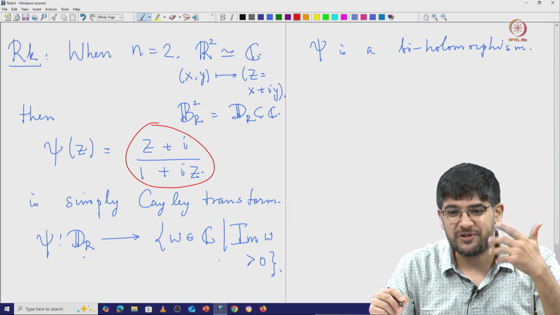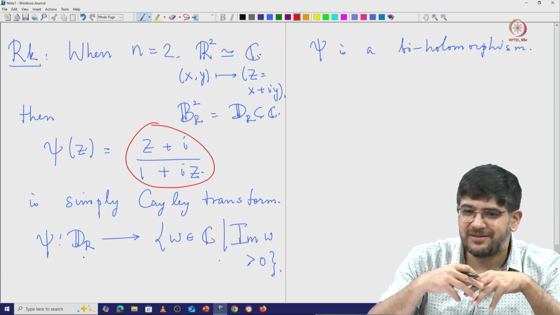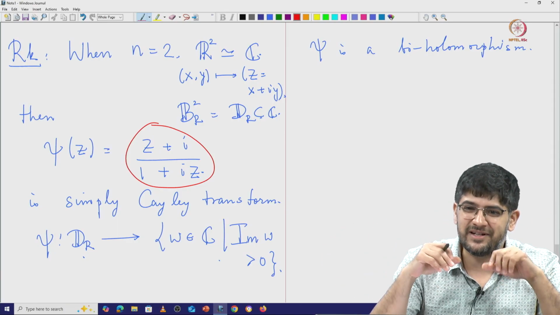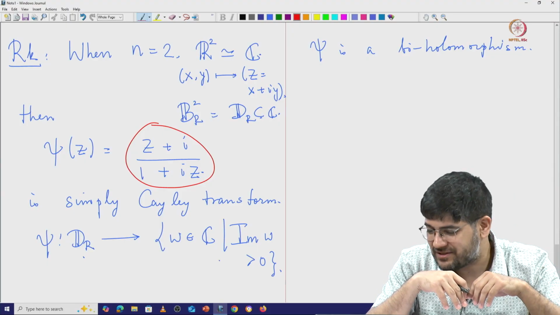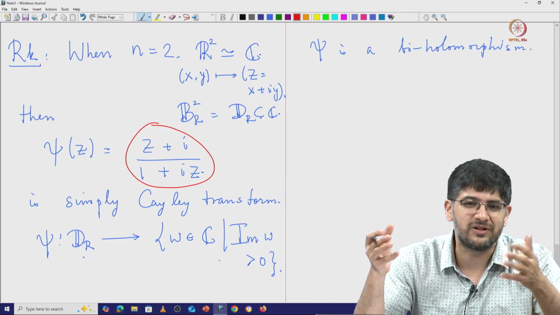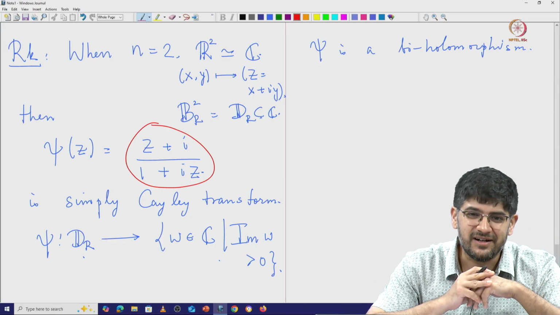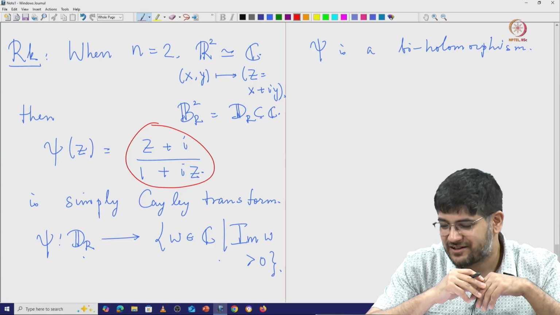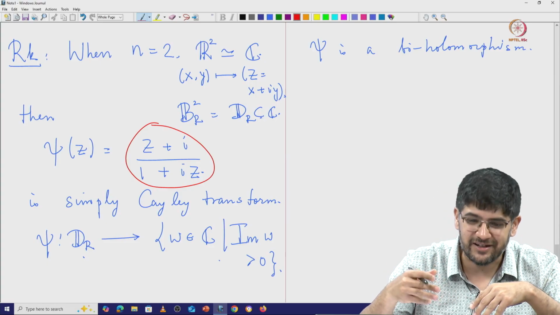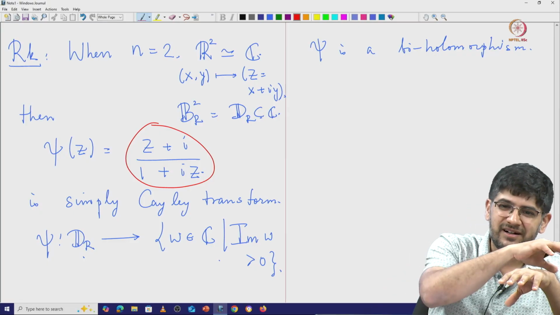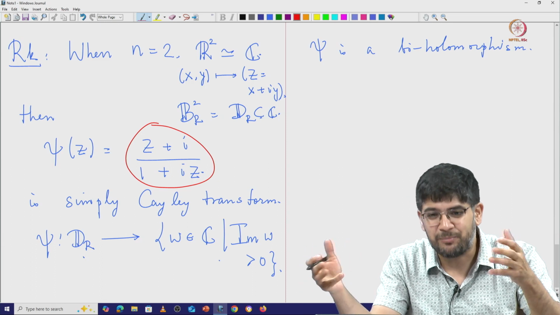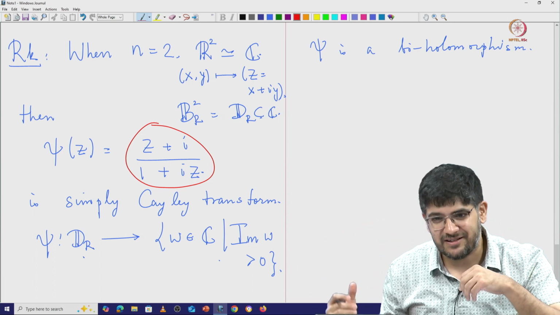So the map psi that I wrote down is actually a generalization to n dimensions of this basic Cayley transform that we learn about in any course in complex analysis. Any course that talks about conformal transformations always mentions this Cayley transform, okay. So there's this very nice connection in dimension 2 between the Riemannian geometry of the Poincare ball and the Poincare upper half space with complex analysis.